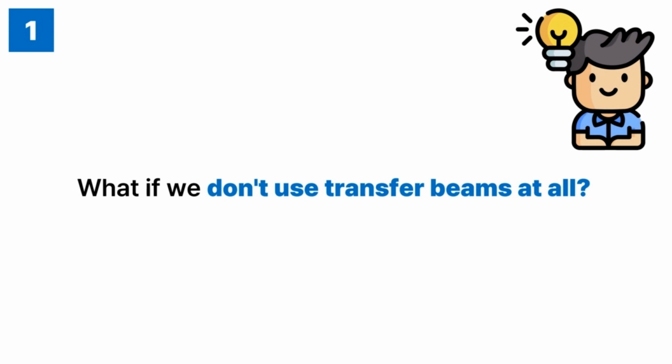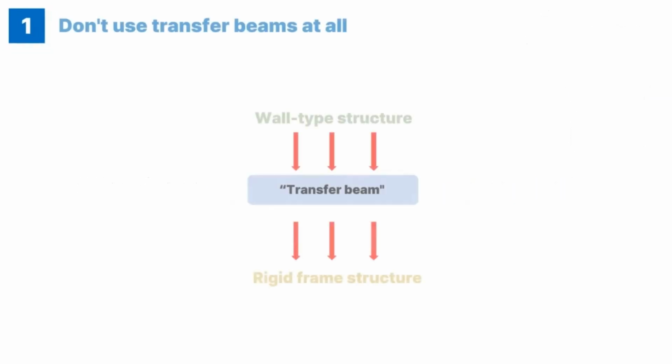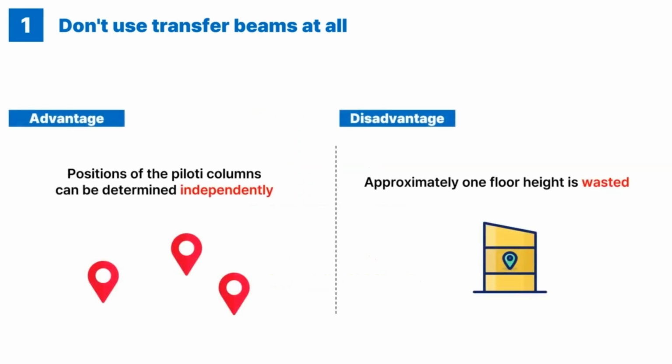Firstly, what if we don't use transfer beams at all? When using transfer layers, the load from the upper structure is transferred to the pilotis columns through the transfer beam or transfer slab. One advantage of this approach is that the positions of the pilotis columns can be determined independently of the locations of the upper structure walls.